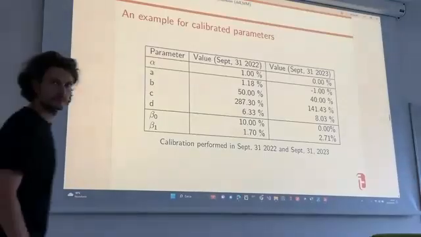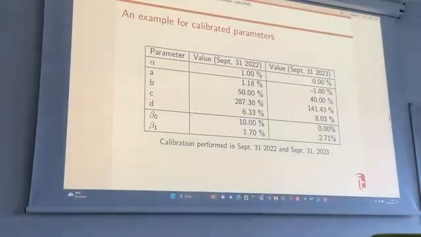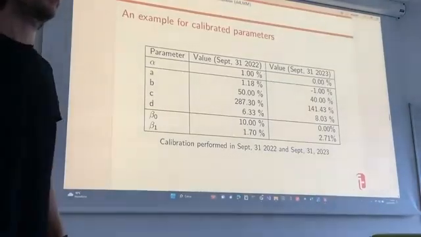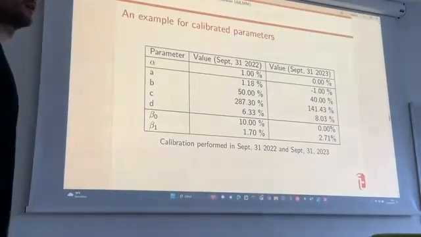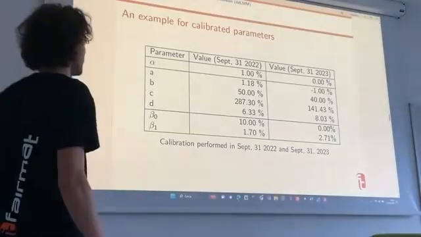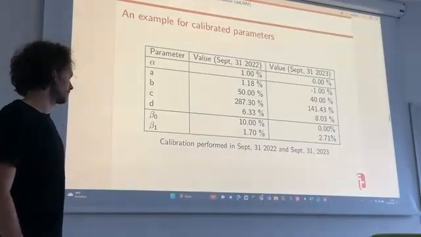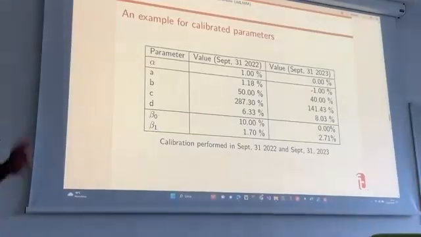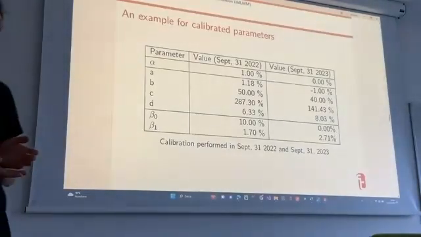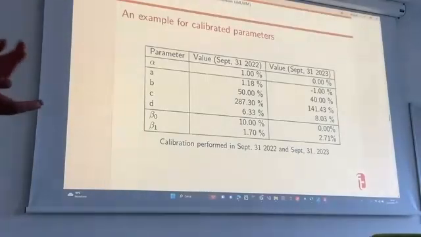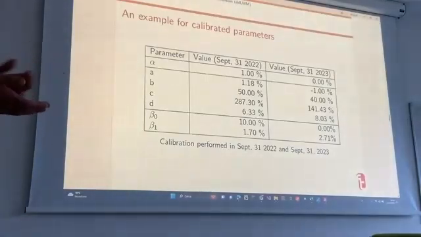Okay. So, which tools do you use in order to do this calibration? Good point. What we have done, also with Fabio, is to implement this model from scratch in Python. Then we ported it to C#.